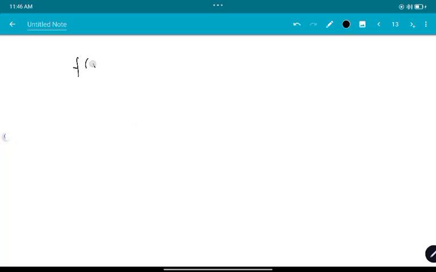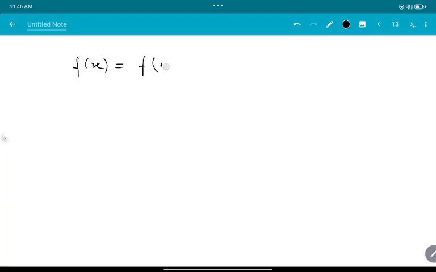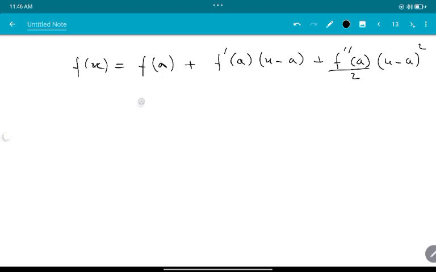We found that any function f(x), of course this "any" needs to be qualified a little bit, f(x) is equal to f(a), its original value at a point, plus f dash a into (x minus a), plus f double dash a divided by 2 into (x minus a) squared, plus similarly f triple dash a divided by 3 factorial into (x minus a) whole cube, plus and so on. This is called Taylor's theorem.